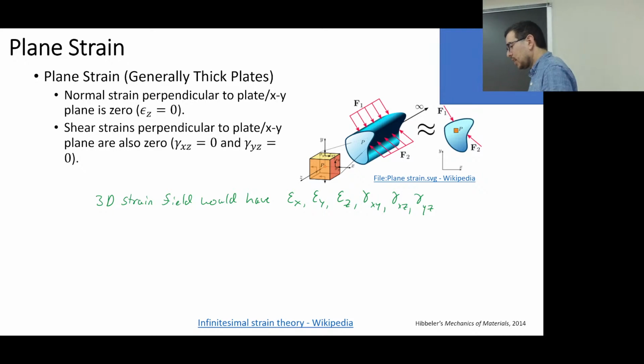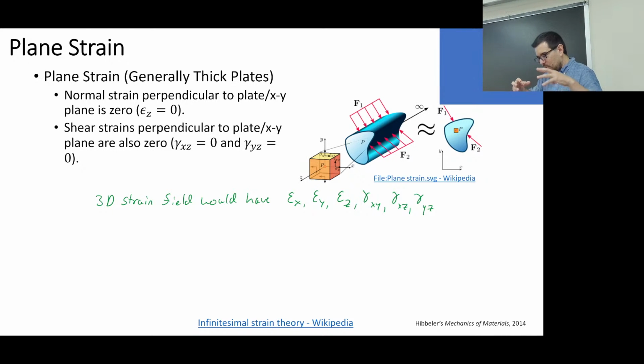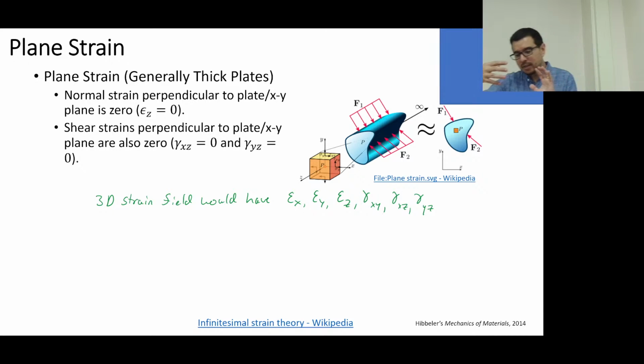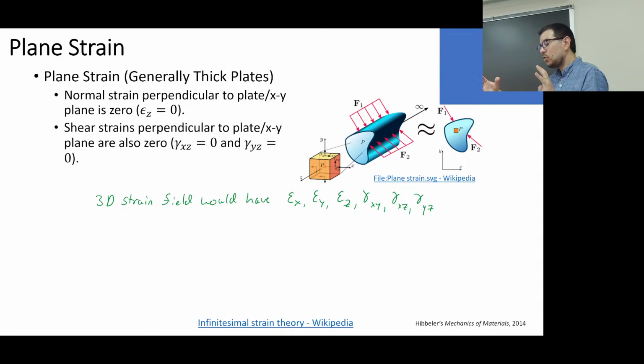If you begin to think about how you could have a situation where you just have an epsilon x, or an epsilon x and an epsilon y, it needs to essentially be infinite in thickness, such that you don't have a strain in one direction influencing a strain in another direction.